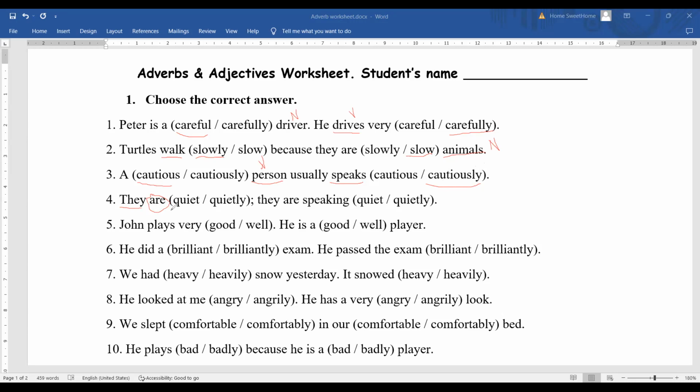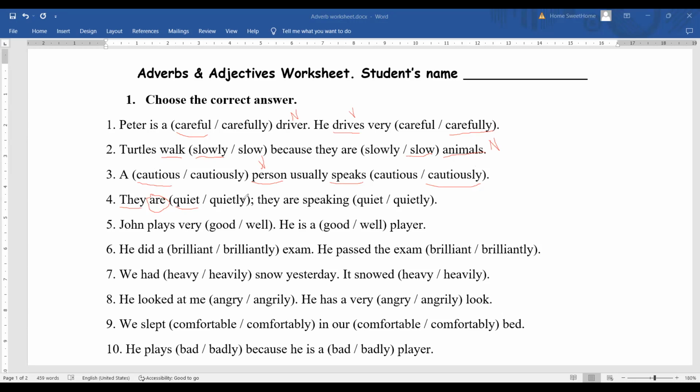You have to understand that the adjective is not describing the verb to be. It describes people or things. In this case, they. We're describing some people here. That's why we use the adjective quiet, not quietly.